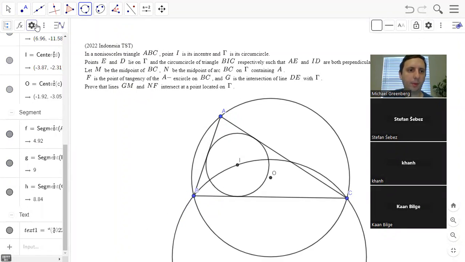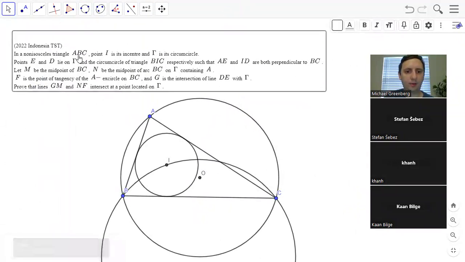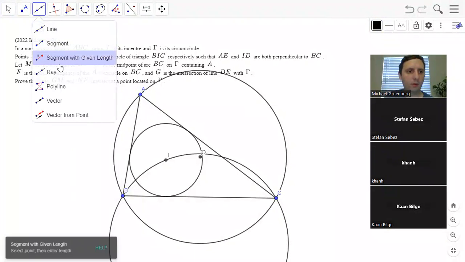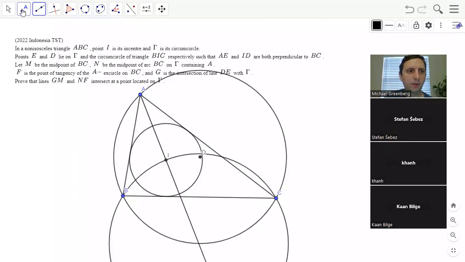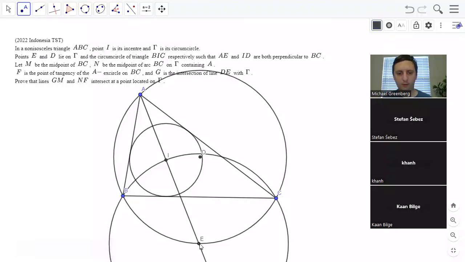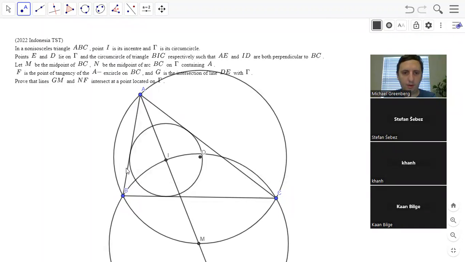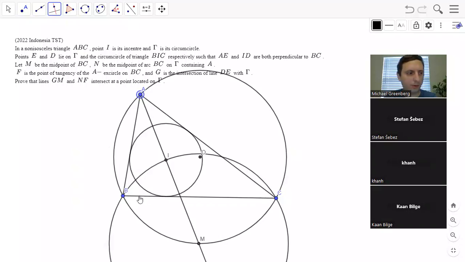So yeah, this might be a problem that could be solved with inversion about the midpoint of arc BC. So AE and ID are both perpendicular to BC, so we just draw perpendiculars here.